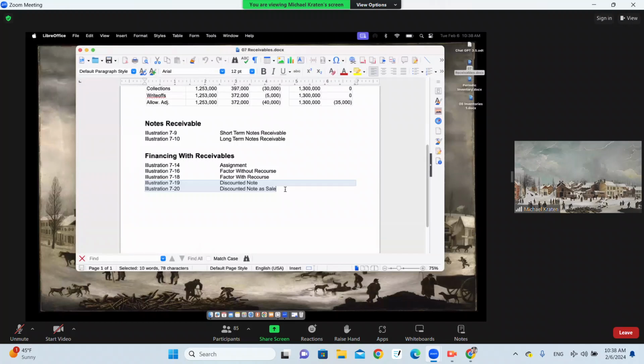In fact, I will accept probably less than what it's worth because I'm desperate for cash. That's a discount on the sale of the receivable.